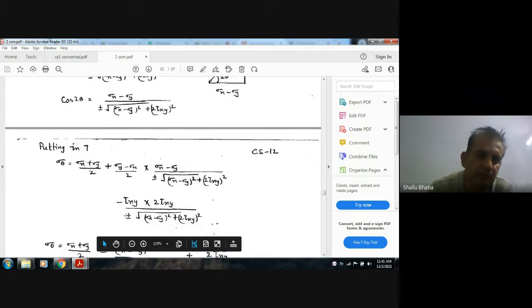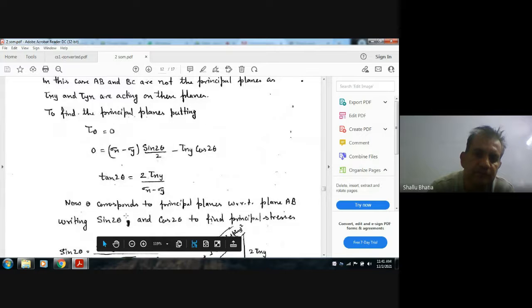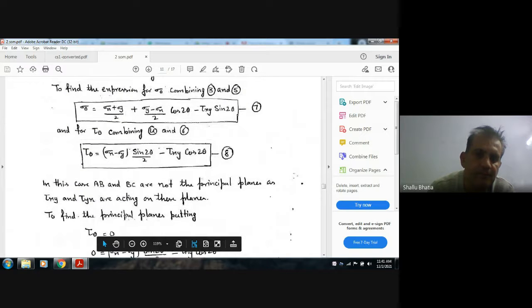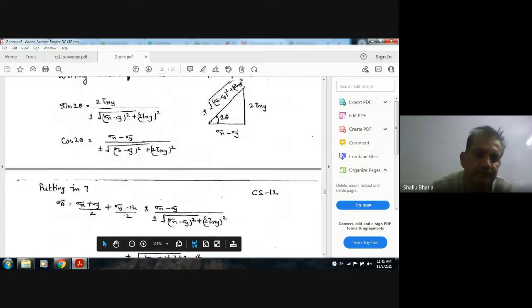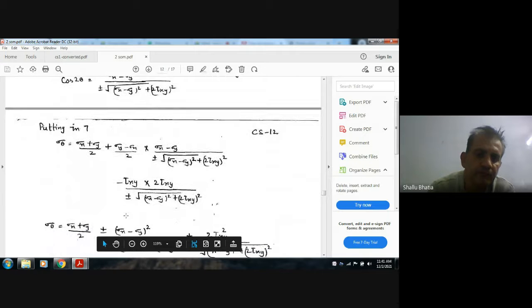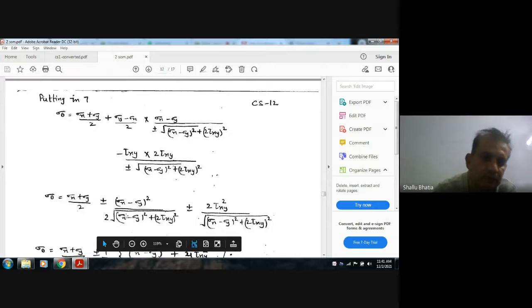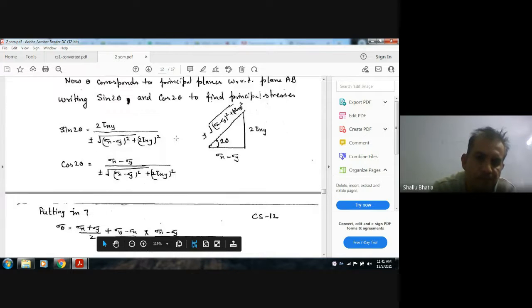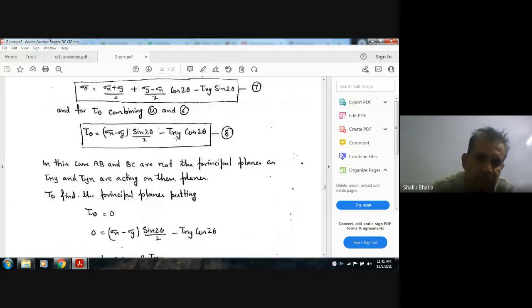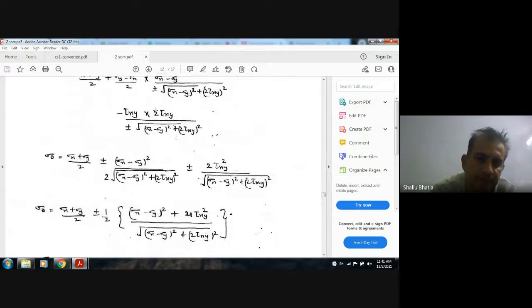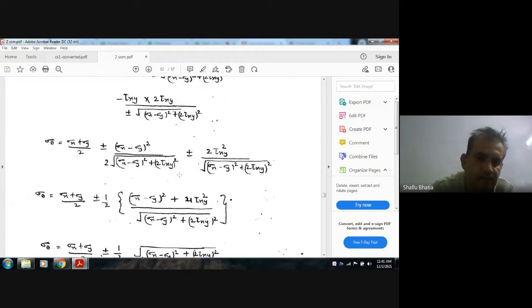Okay, so putting in this equation sigma theta the value of cos 2 theta here and sin 2 theta here, you can solve it.